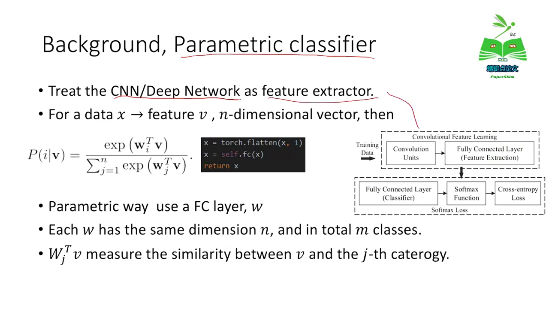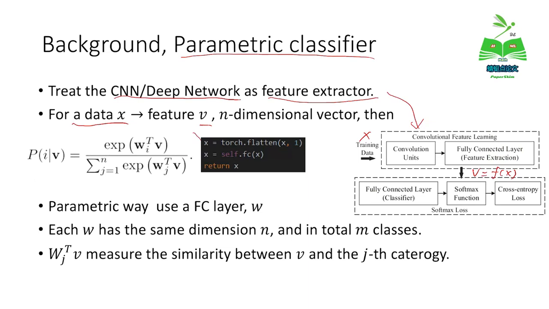So we can see this diagram. Given a data X, we go through the convolutional feature learning and extract the feature V. V equals f(x) is an n-dimensional vector.